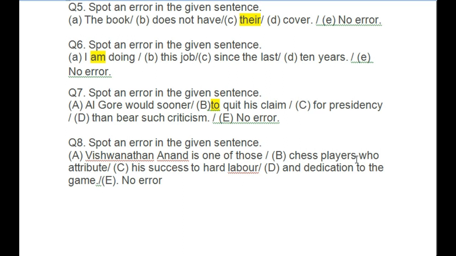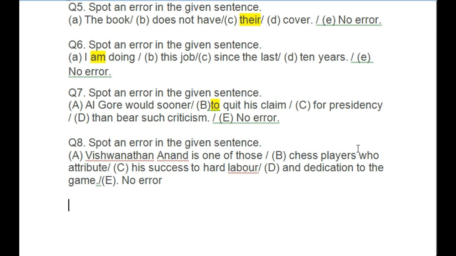Had there been punctuation here, say Vishwanath Anand is, I'm writing something, then putting a comma, and then writing "who," this "who" would automatically qualify the first word or the subject of the sentence. But when I write "who" without punctuation, it is considered to qualify the nearest antecedent, and the nearest antecedent is chess players.